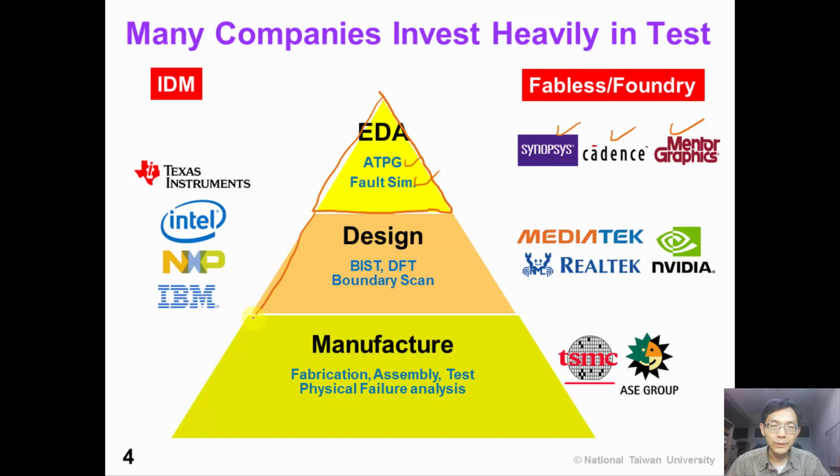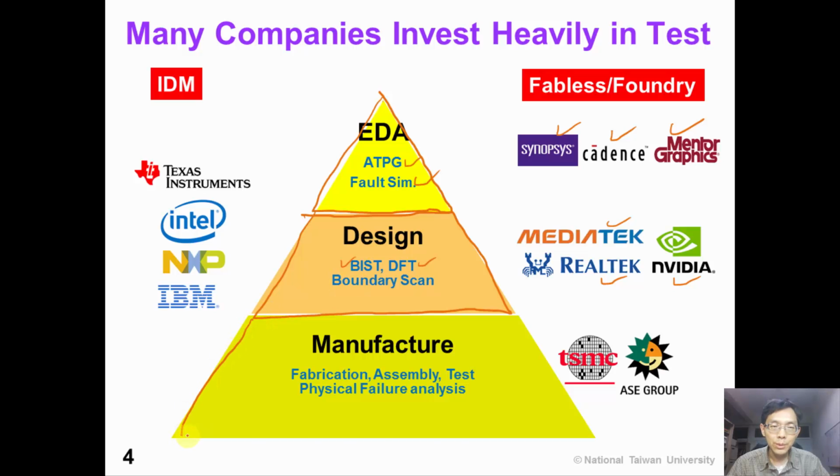In the middle of this pyramid, there are many well-known design houses such as MediaTek, Realtek, NVIDIA. They insert DFT or built-in self-test circuitry so that their designs are easy to test.